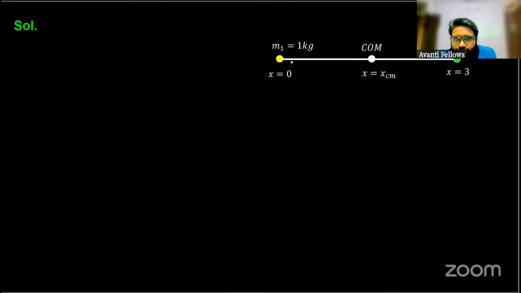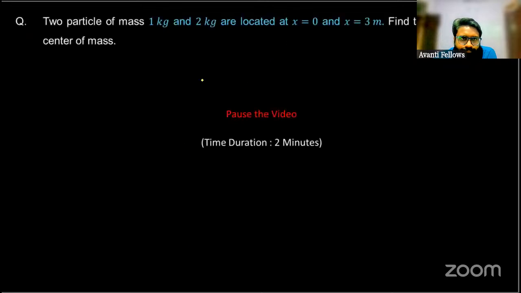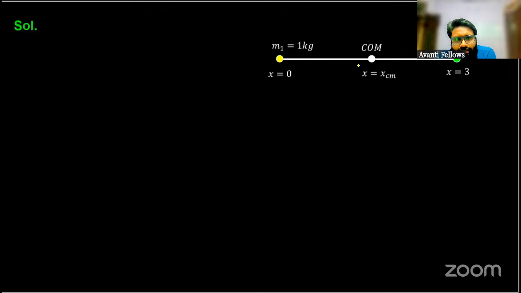देखो these types of situation is here. X is equal to 0. हमने मास m1 को सिचुएट कर लिया. Mass 1 kg is situated at x equals 0. 2 kg is situated at x equals 3. ठीक है. m2 is 2 kg and situated at x equals 3.